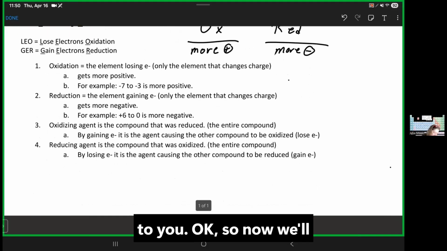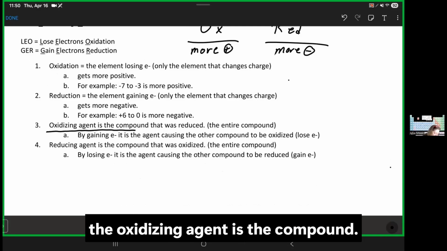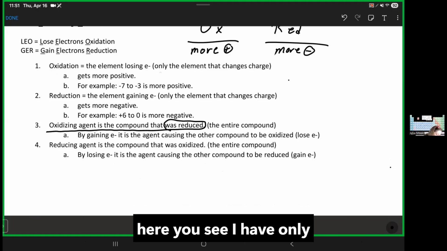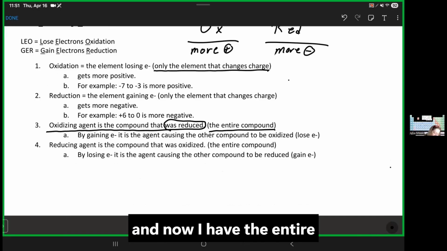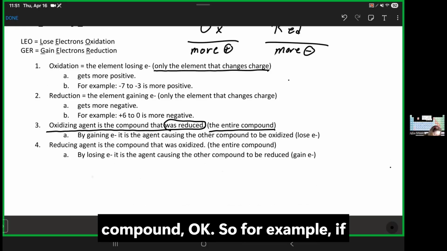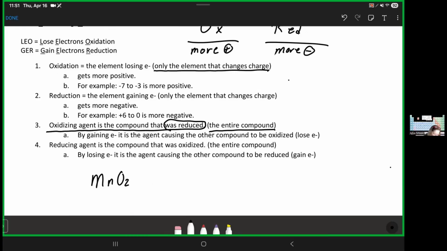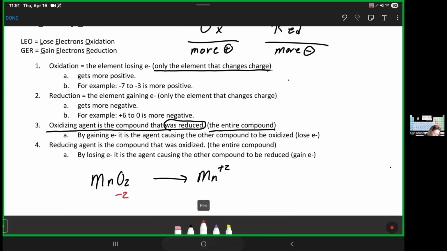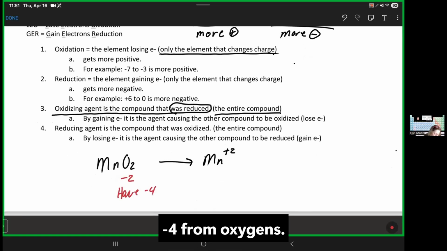Okay, so now we'll talk about the agents, okay? So the oxidizing agent is the compound that was reduced. And up here, you see I have only the element that changes charge is oxidized, and now I have the entire compound. So for example, if we were going from MnO2 to Mn 2+, my oxygens are -2, so I have -4 from oxygens.